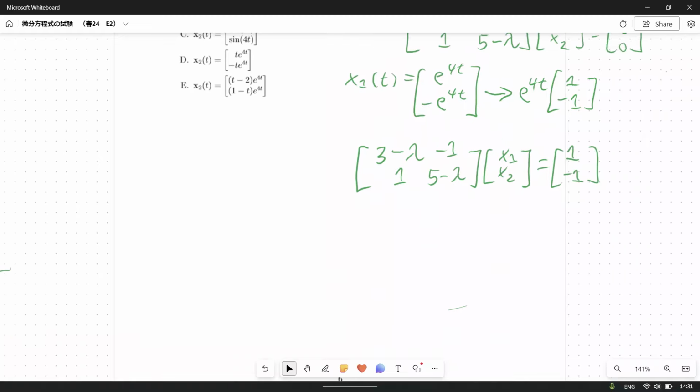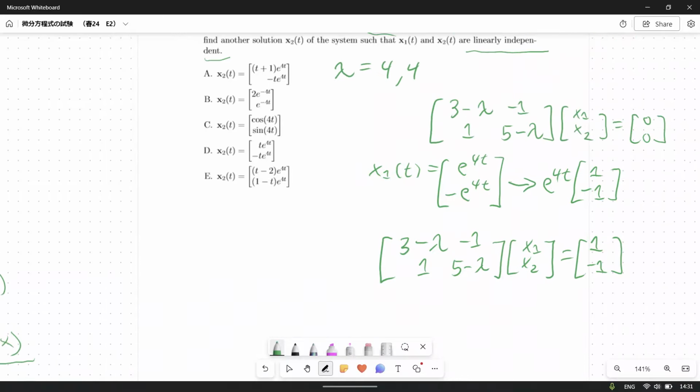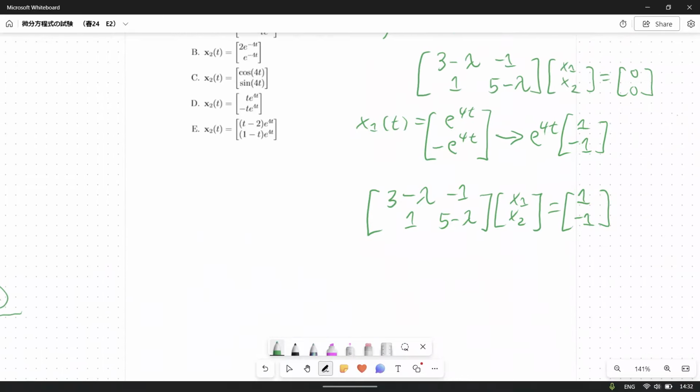But before we do that, let me plug in the eigenvalue. So we know that the eigenvalue is equal to 4. When we plug that in for lambda, we end up with negative 1, negative 1, 1, and 1 times x sub 1 and x sub 2, which just equals 1 and negative 1.